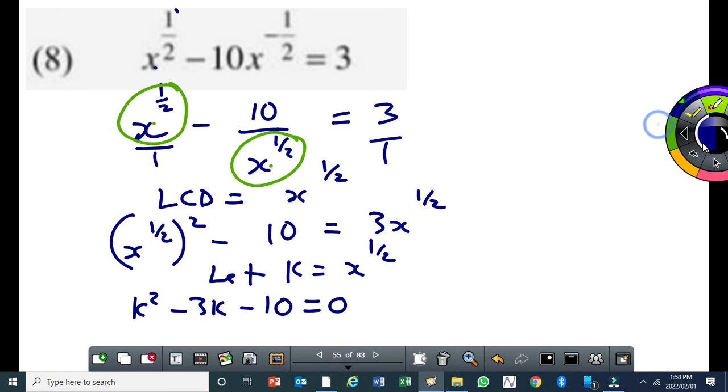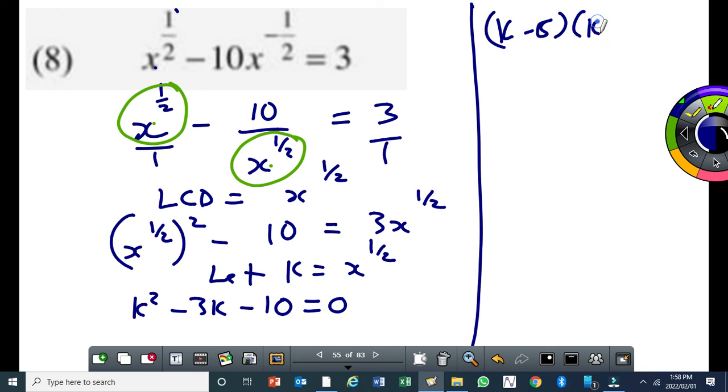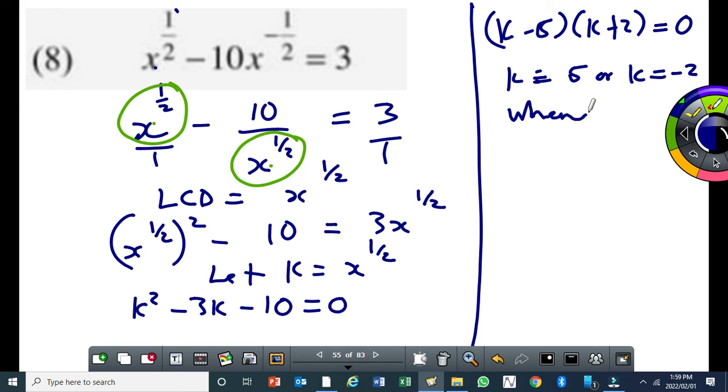Alright? So now we can factorize this. That would be K minus 5 times K plus 2. So our K is going to be 5, or K will be negative 2. Then we need to find X. When K is 5, what is X?